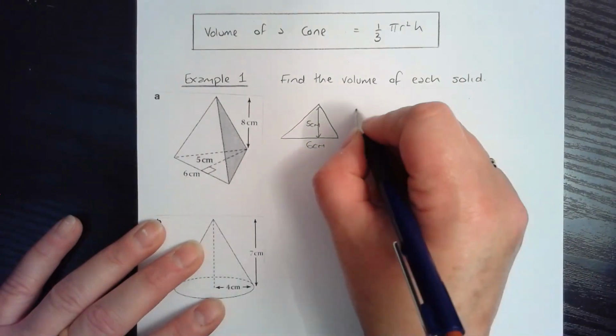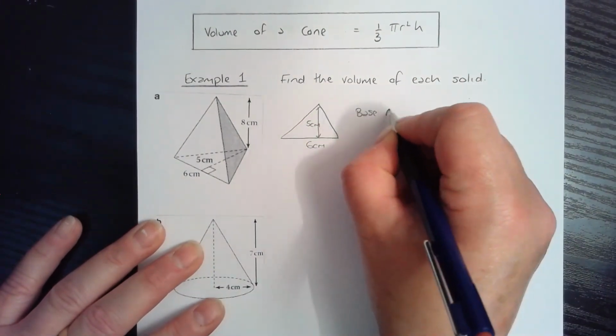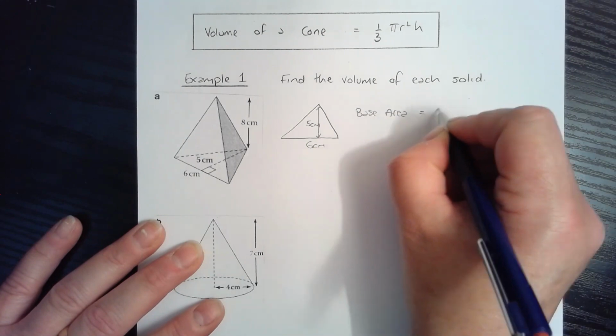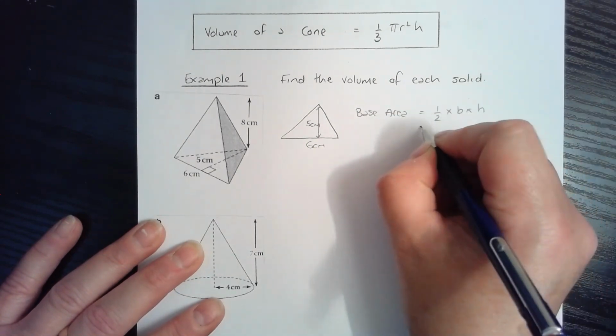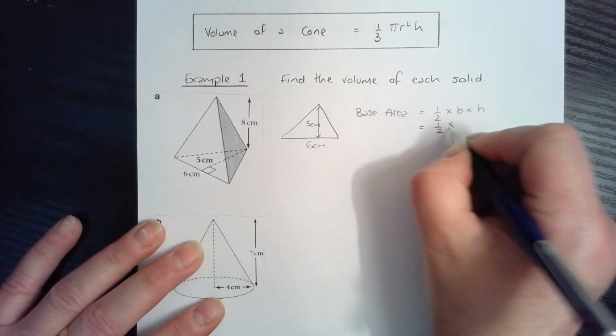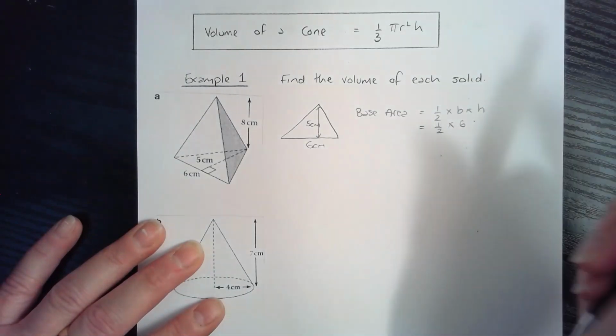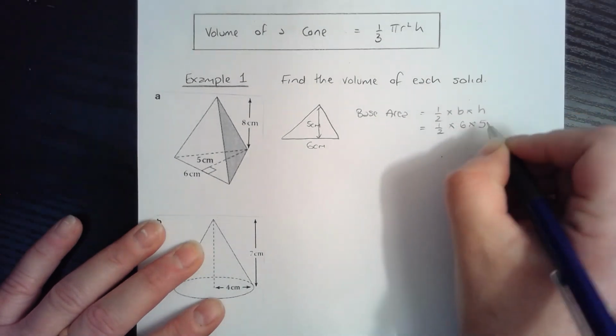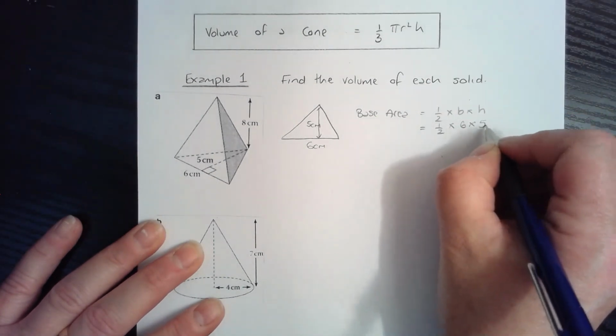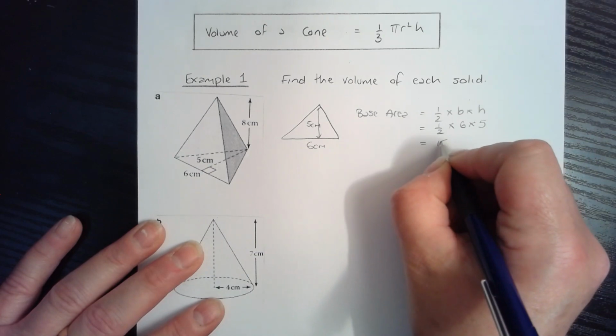So my base area, remember it's a triangle, is a half times the base times the height. So 1/2 times by 6 times by 5.